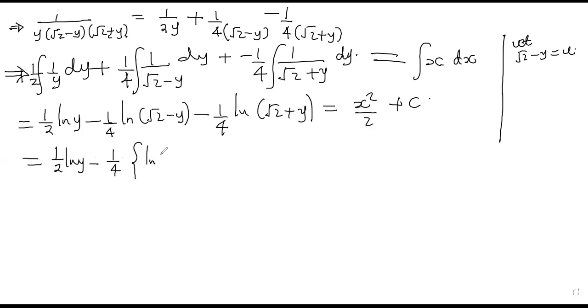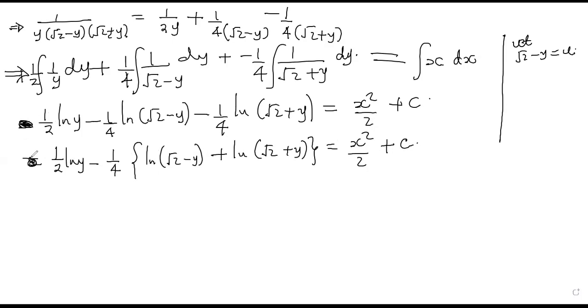Then I say ln √2 minus y, then of course plus, since the negative is already outside, plus ln √2 plus y is equal to x squared over 2 plus a constant of integration. Of course 2 equal signs may not be necessary.